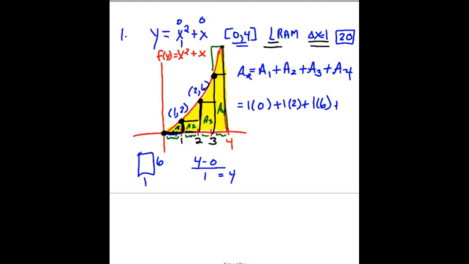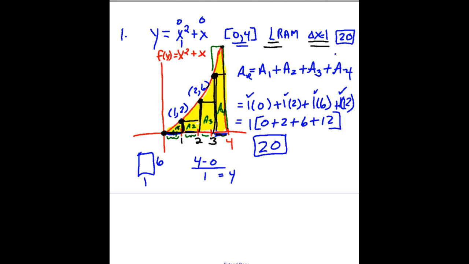And the last rectangle has a base, again, of 1, and its height is over here on the left, because I'm doing an LRAM, at f of 3, which is 3 squared plus 3, or 12. When I add this all up, normally I'd pull the common delta x, or common base, out front, but it's just a 1, so it doesn't really matter, but I'm showing it in all its detail. I add that up and I get the 20 that I'm supposed to get.